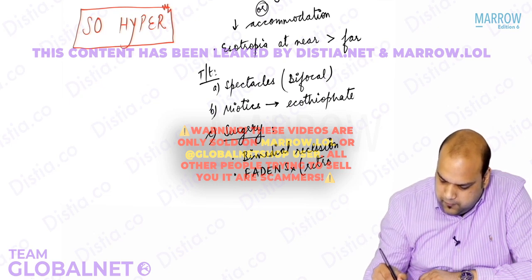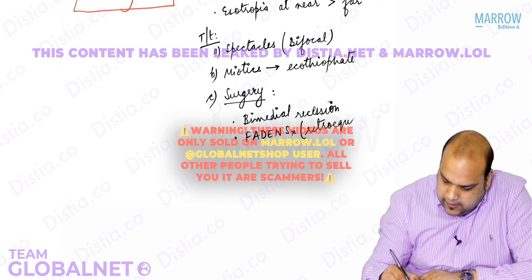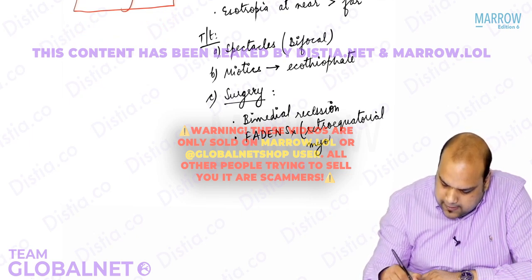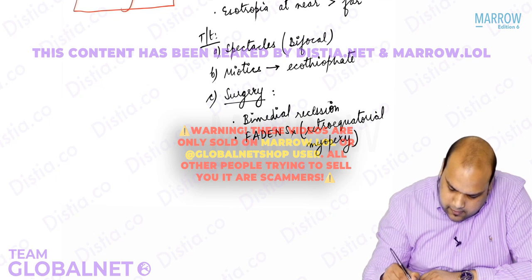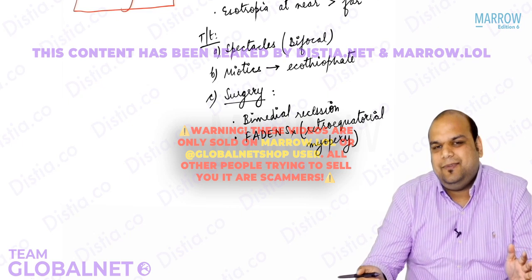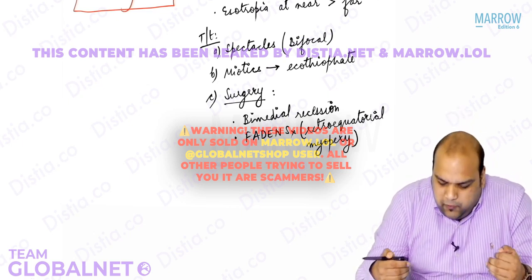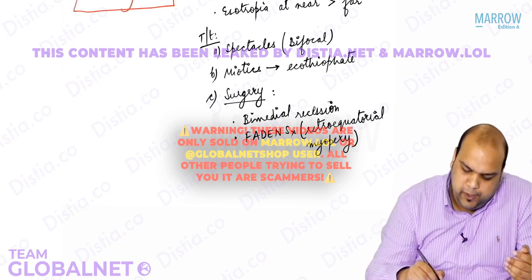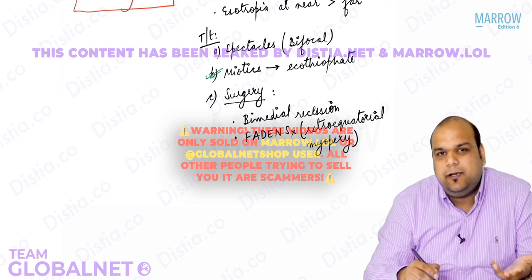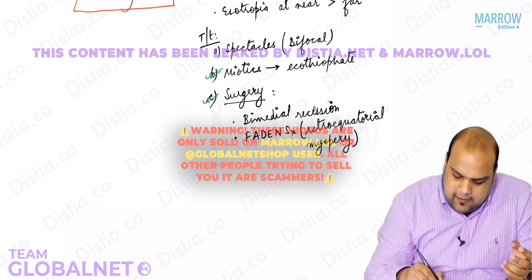Retroequatorial myopexy. Okay. So just remember some information. Usually the question comes from this point, that ecothiopate is used in the treatment of, or Faden surgery by medial recession.